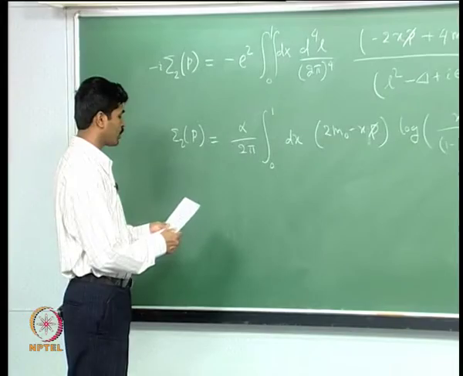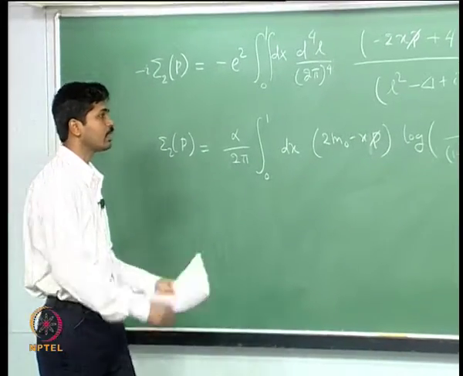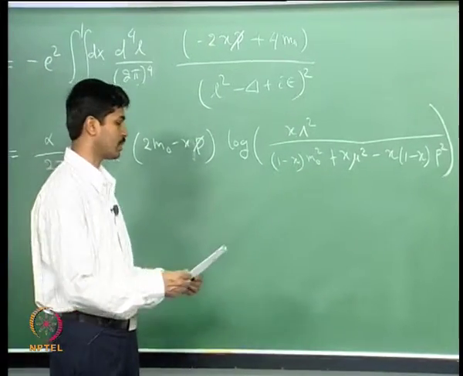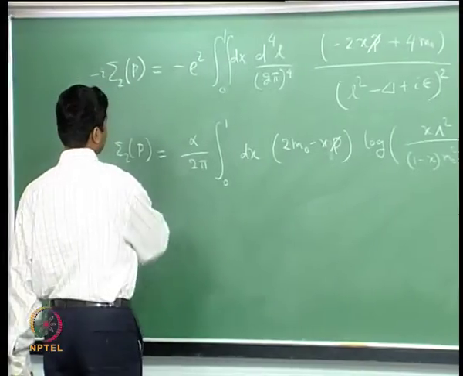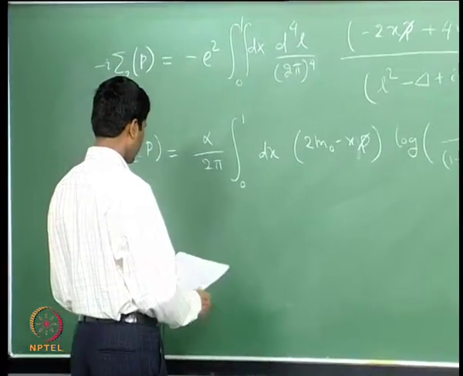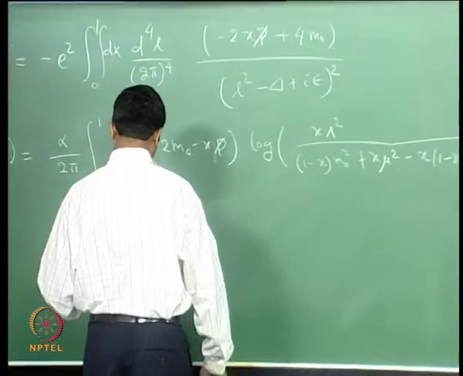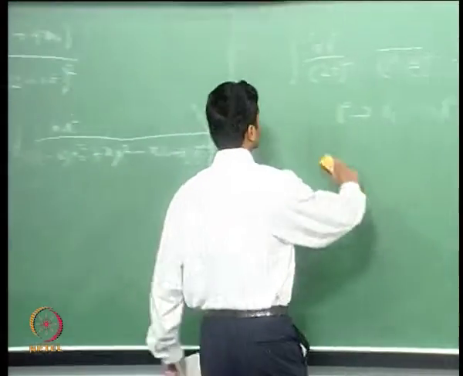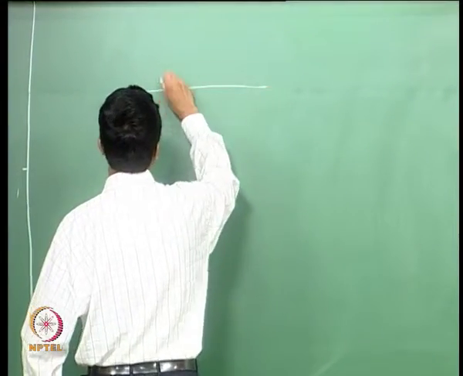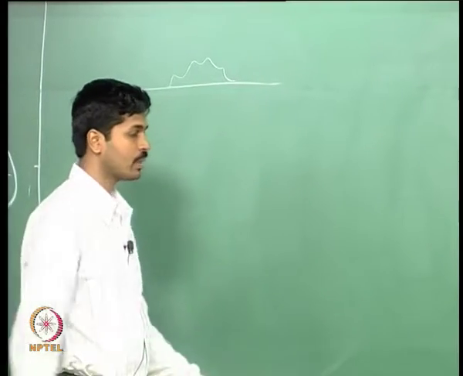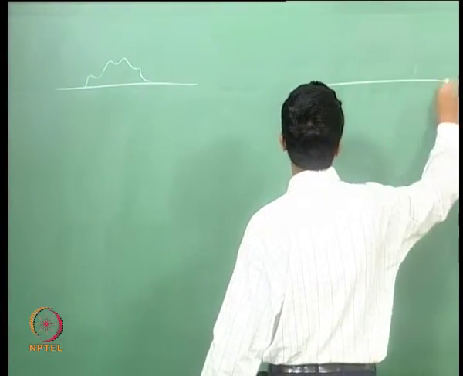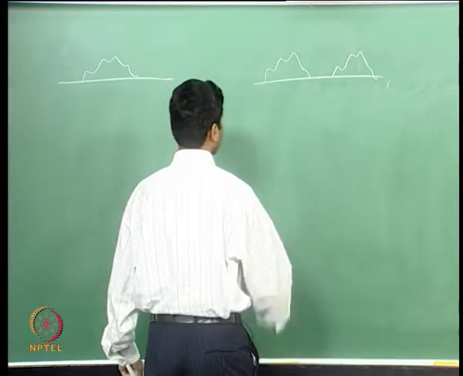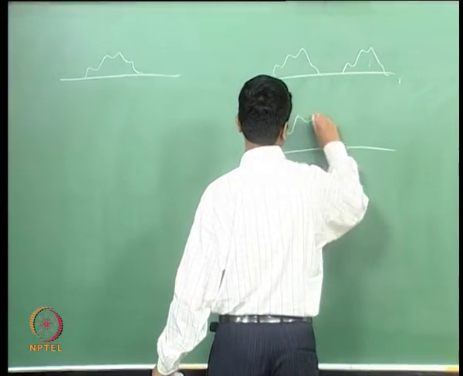What we will do now is see what we can tell about the exact propagator. Of course, this is at one loop level, but at two loop level what can you expect? You can have a diagram like this, or you can have a diagram like this.